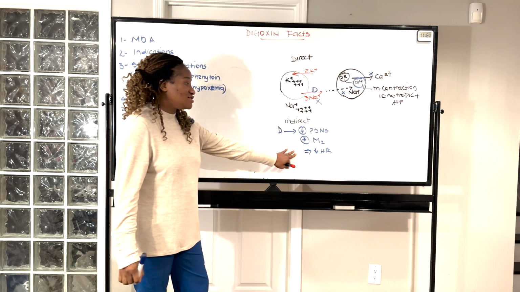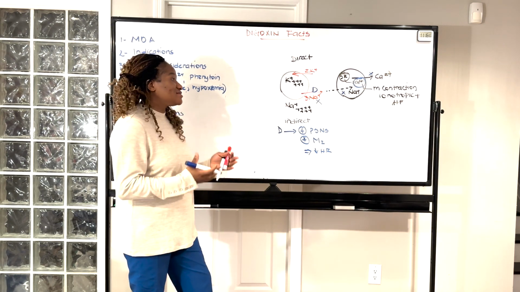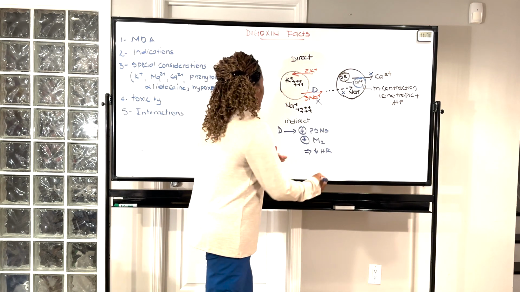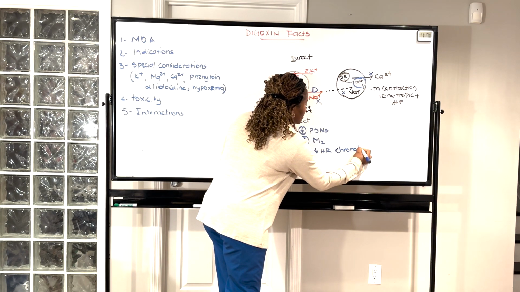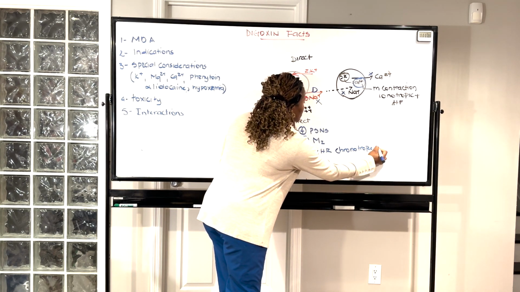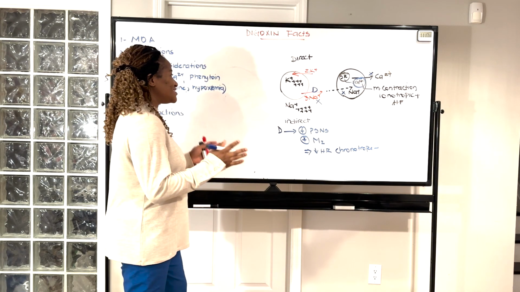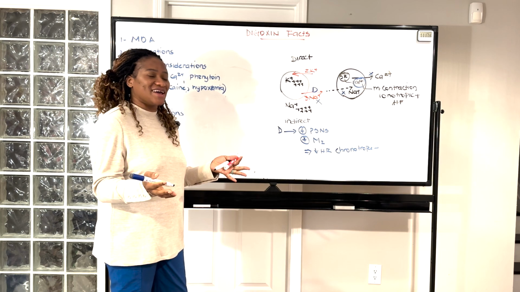And this is how digoxin slows our heart rate. So digoxin is going to be inotropic positive and chronotropic negative, because it slows the heart rate. So this is how we have this dual effect in the same drug, which is amazing, right?